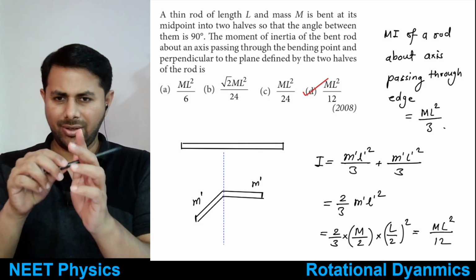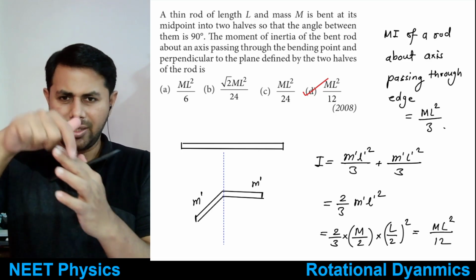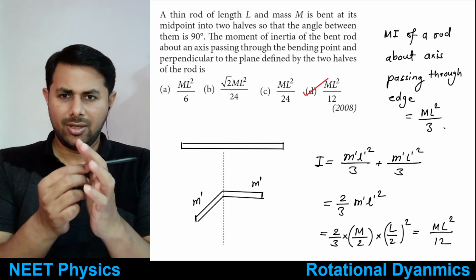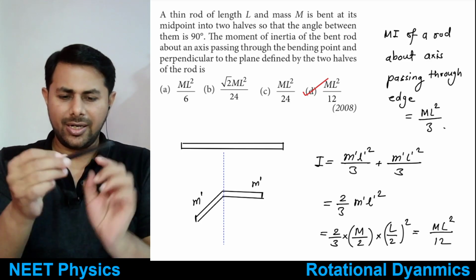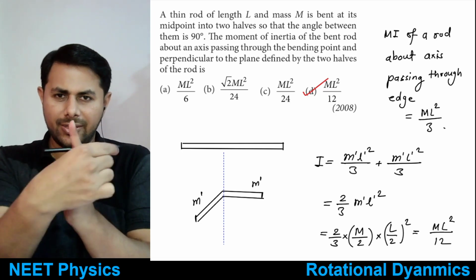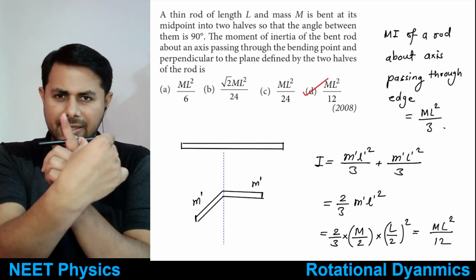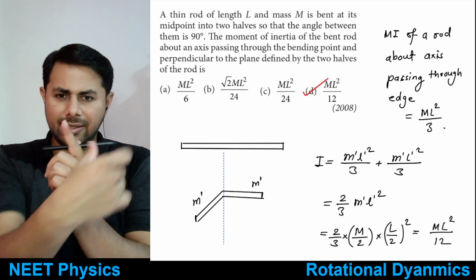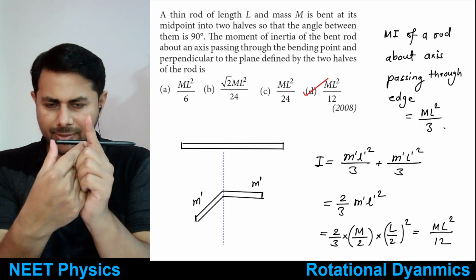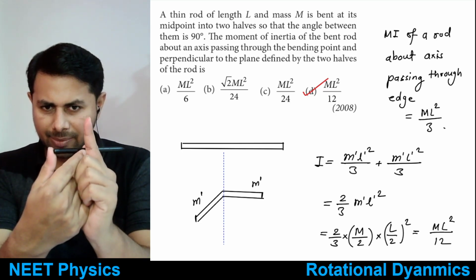You bend the rod, still the distance of these masses from the axis of rotation will not change. You are bending it, right? You are not changing the distance. Suppose you bend this part, so this part is kept like this or it is kept like this.